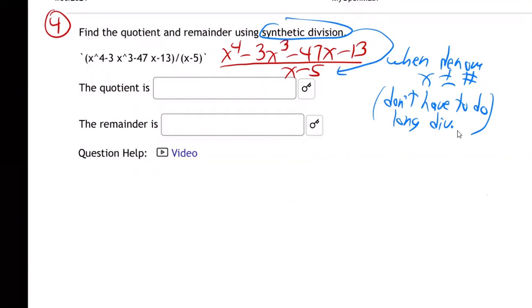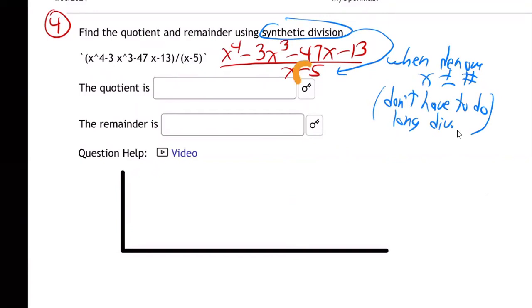Well, come on down here. Draw ourselves a big bar thing. And then we say, okay, we start with this number here. Too big of a pin size. There we go. Take this right here. It's going to be plus 5.